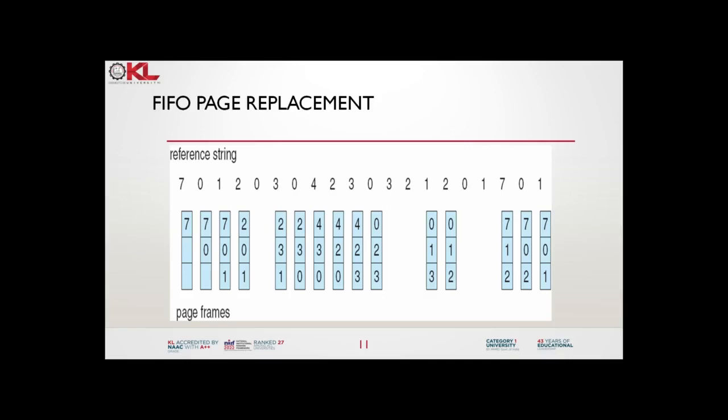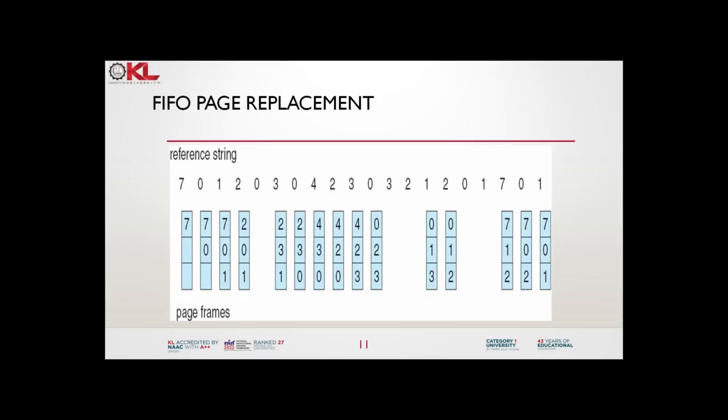So if you see 2, 0, 1, the logic for FIFO is that whichever page has been held longest by a frame is replaced first.